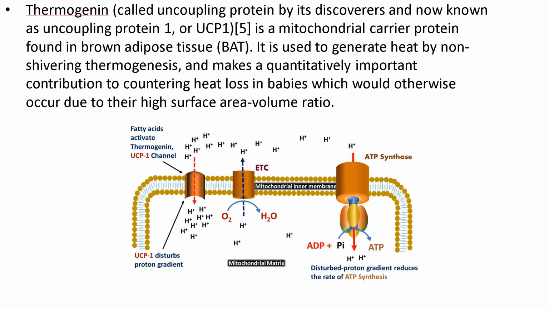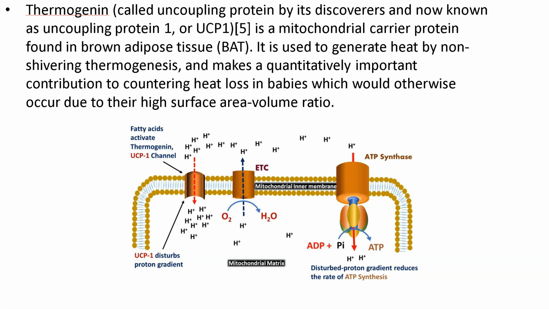Thermogenin, called uncoupling protein by its discoverers and now known as uncoupling protein 1. It's a mitochondrial carrier protein found in brown adipose tissue. Adipose meaning fat. It is used to generate heat by non-shivering thermogenesis. Creation of heat, not shivering though.